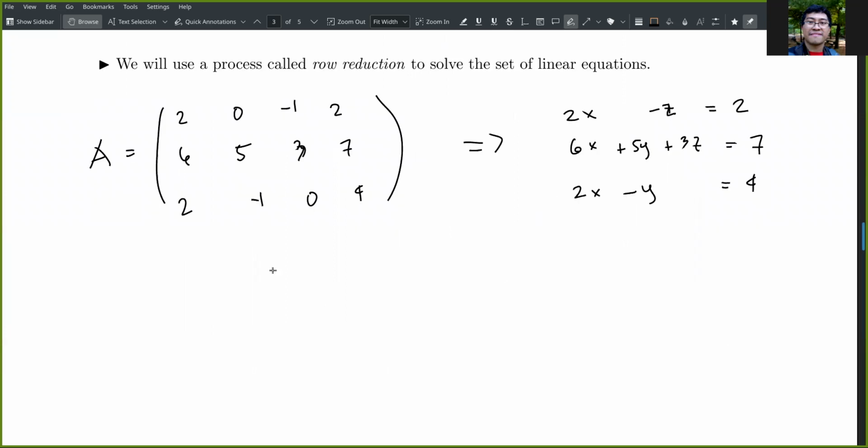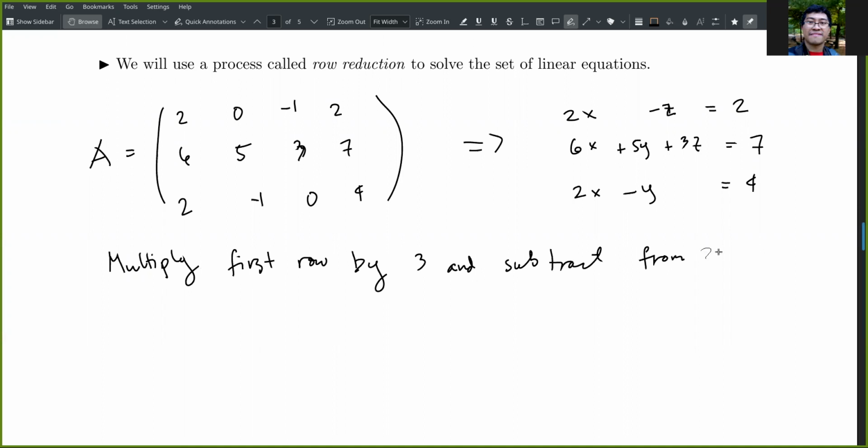To solve this equation, so we want to find values of x, y, and z, we just reduce this augmented matrix. First thing we can do is multiply first row by 3 and subtract from second row. The result for that, we replace to either row 3 or row 2.